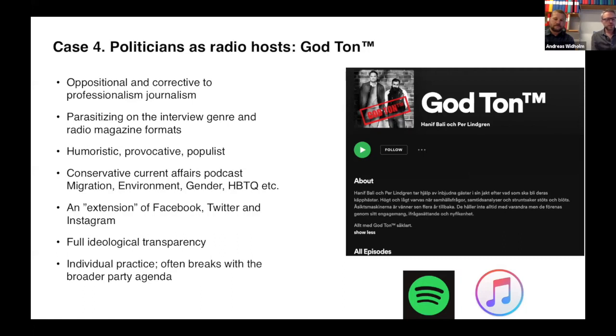So God Ton is ideologically transparent, and it does not claim to produce objective news in any sense. It is also a good example of individual parasitic news practices. Bali's position in the podcast often breaks with the broader policies of the Moderate Party, which he represents in the parliament.